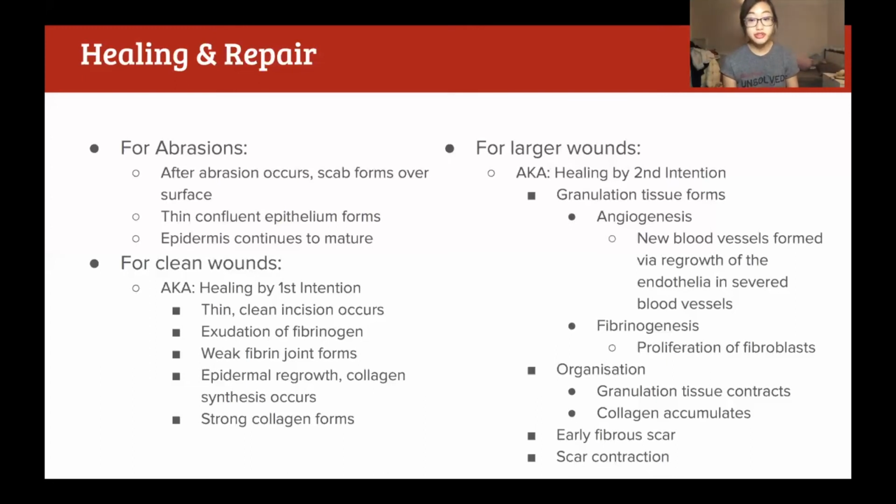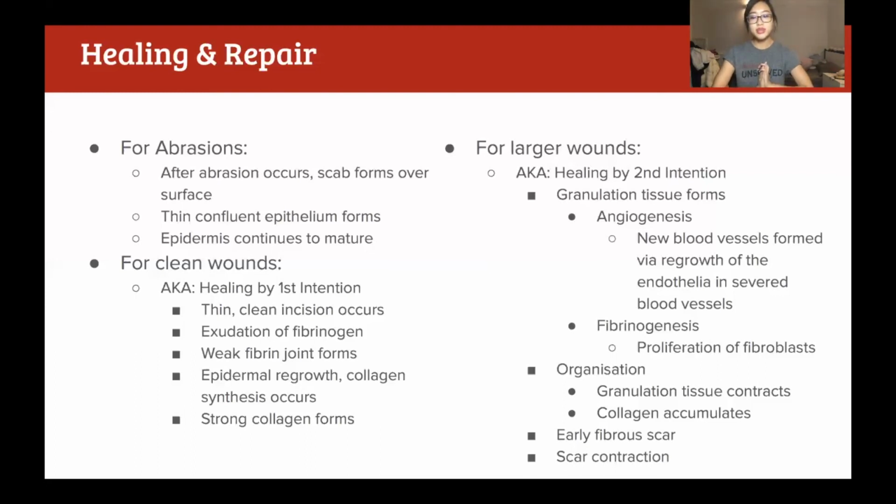And there would also be fibrinogenesis, which is the proliferation of fibroblasts, which, as you guys know, once again, are your fibrous connective tissue, which is necessary to contract and really pull the wound edge together.